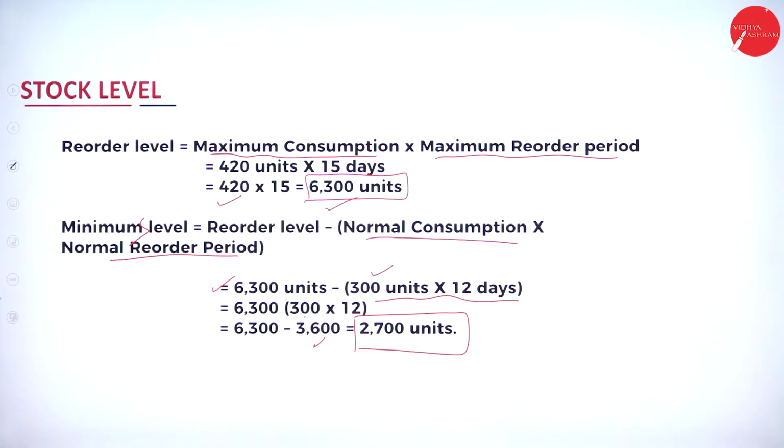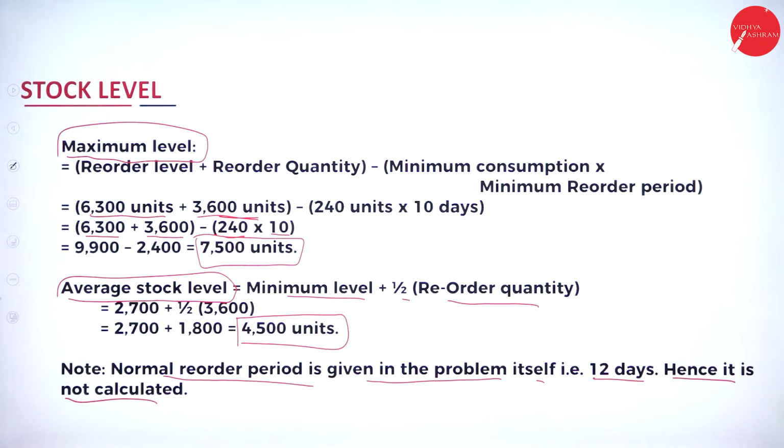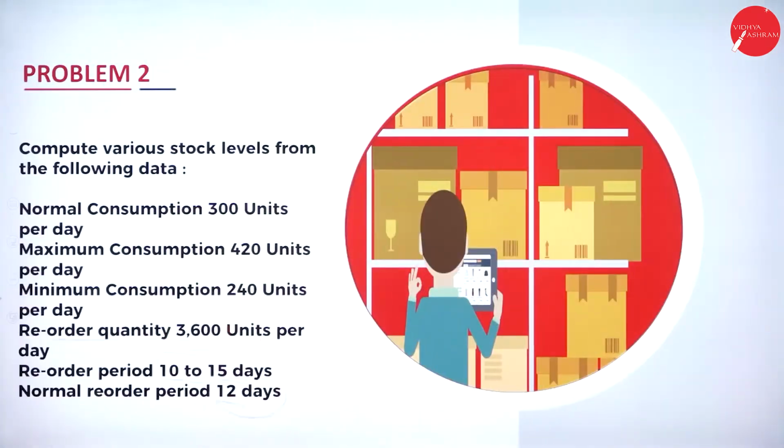In a single sheet, please write down all the formulas. Reorder level is equal to maximum consumption into maximum reorder period. Maximum stock level is equal to reorder level plus reorder quantity minus minimum consumption into minimum reorder period. So this is the reorder level.